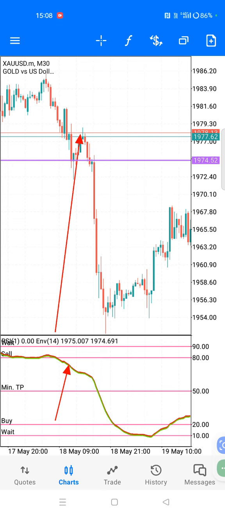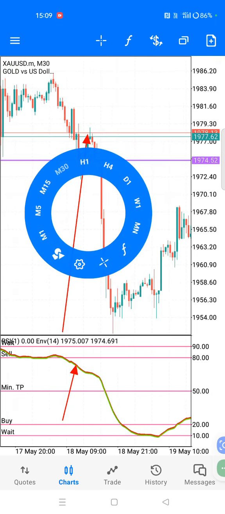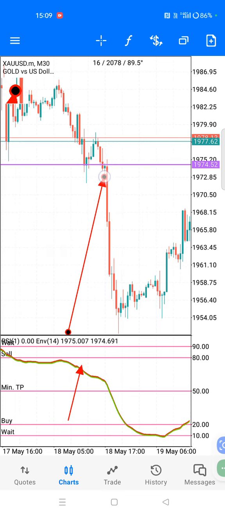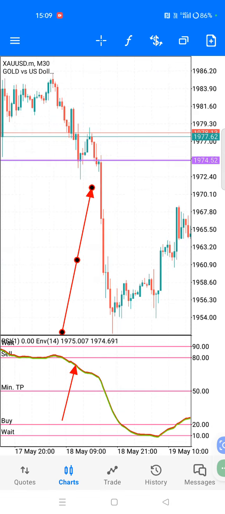For every 10 pips, let's say you trade at 0.01 lot, depending on your broker, for most of them, for every 10 pips it goes, it will be $1 for every 0.01 lot.